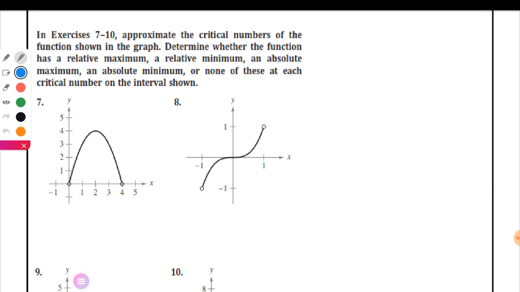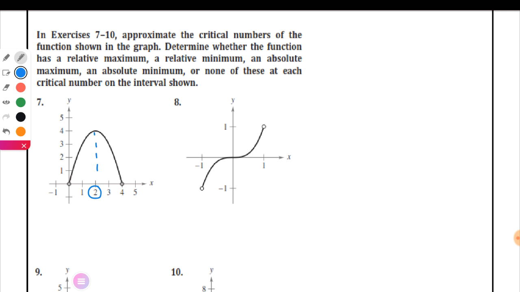Clear? Now let's solve numbers 7, 8, 9, but in a hurry because I already explained in the live session. Here, where is the critical number? I know some of you participated and told me the point x equals 2 is a critical number.